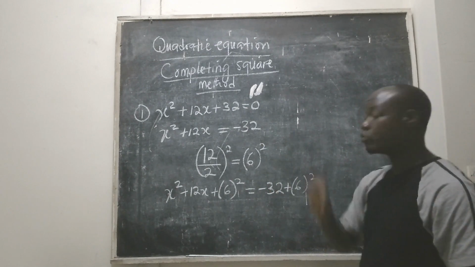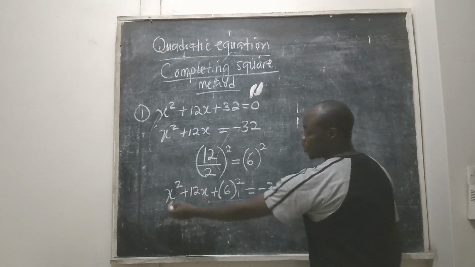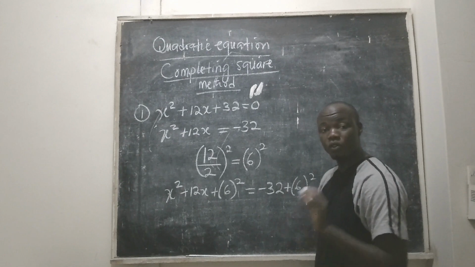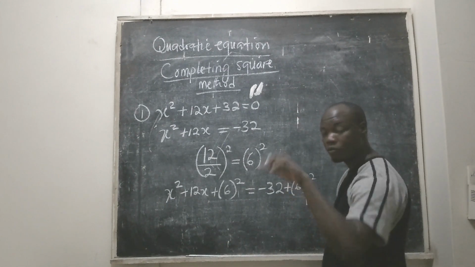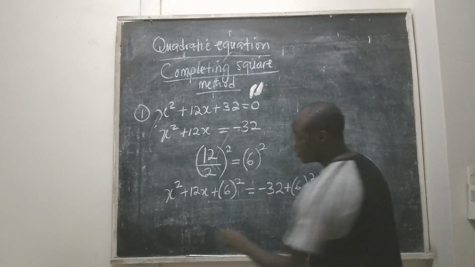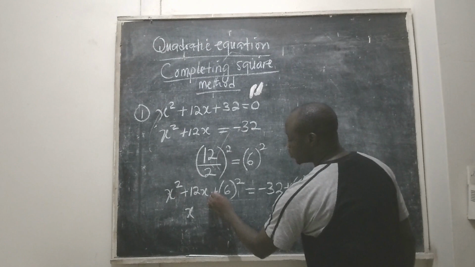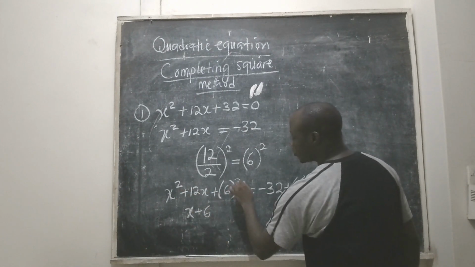Then after we do that, what is next? So we now take this, and already this one and this one have squares. So we create a bracket and put them together. Therefore we now have x plus 6, and they all have square.